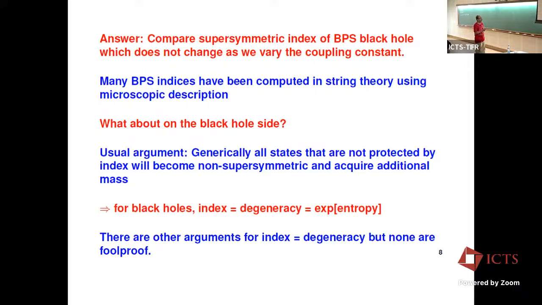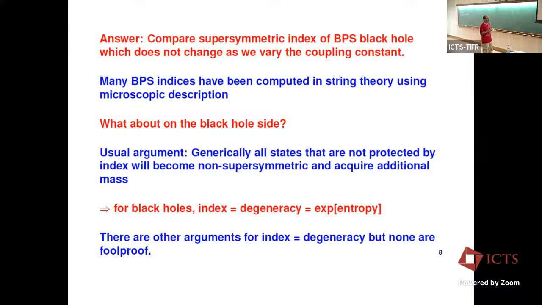There are general arguments that the supersymmetric index does not vary as we change the coupling constant. And indeed, many BPS indices have been computed in string theory using the microscopic description. Once you have a brane system, you can compute the index, and you are guaranteed that it will not change as you change the coupling constant.